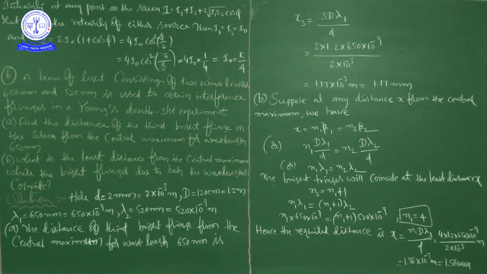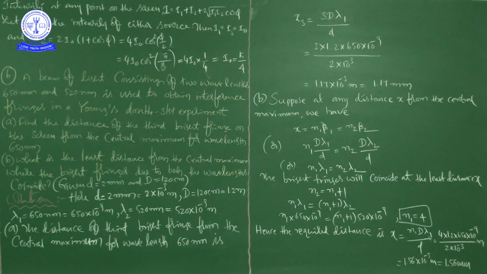Here you observe carefully. Two values they have given: small d is equal to 2 millimeters and capital D is equal to 120 centimeters, right?